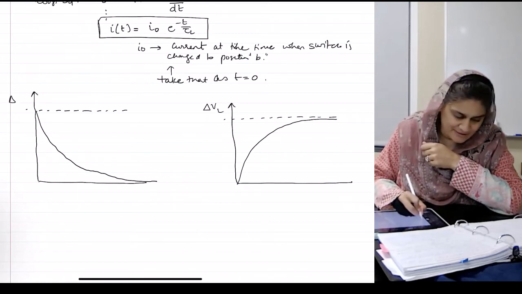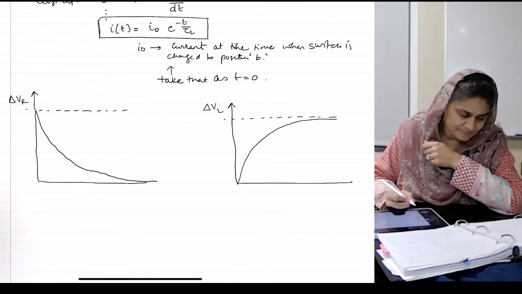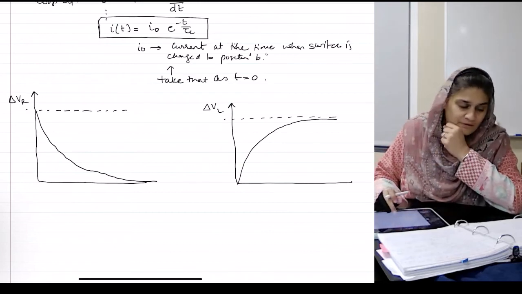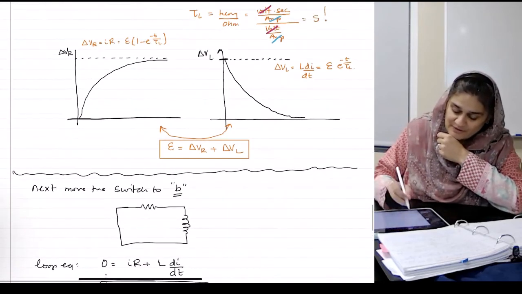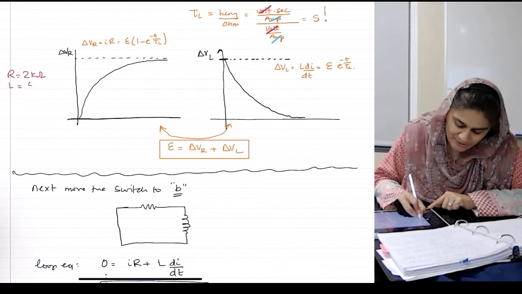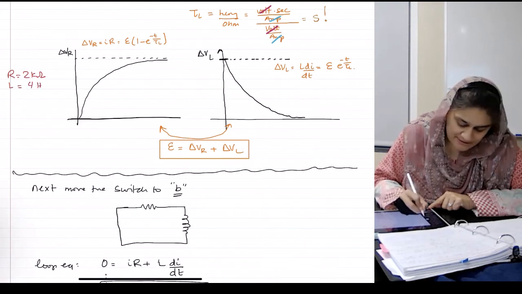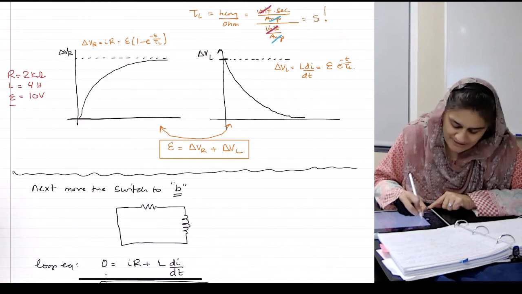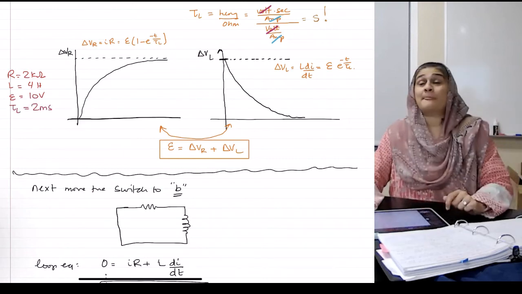And this is delta VR. Oh, and I forgot to mention, these conditions are for when R is taken to be 2 kilo ohms, L is taken to be 4 henries, E is to be taken as 10 volts, and tau L, you can calculate it to be 2 milliseconds.